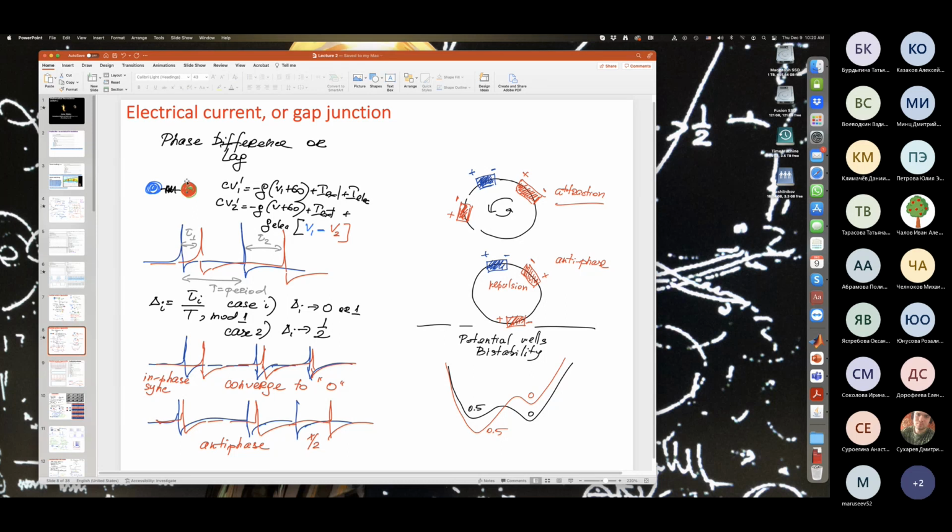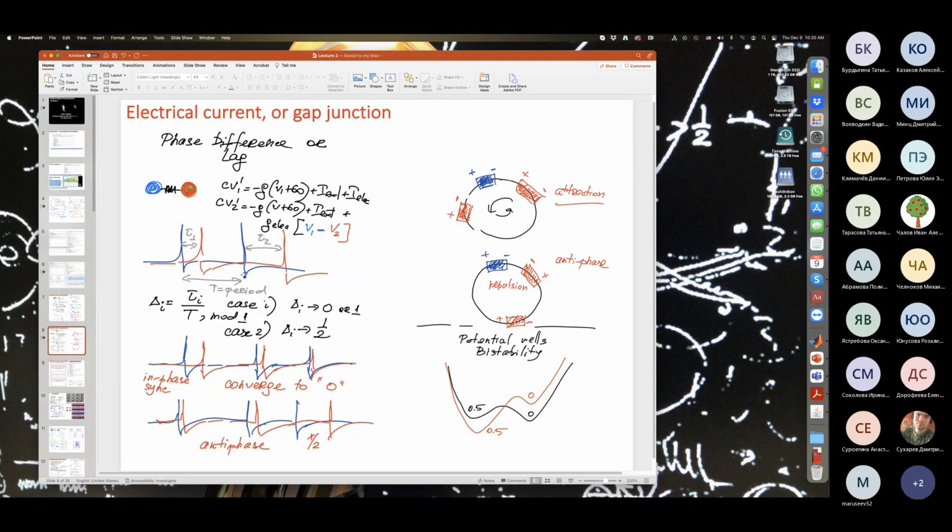Look at this. This time you have changed the green into red, then say the blue cell fires, followed by the spike or action potential in the red cell. Again, blue cell and red cell are both spiking cells, so that means this is a rhythmic outcome. And what you do, you measure this delay, tau, between a spike initiation in the first cell and in the second cell, and then divide it by the period.